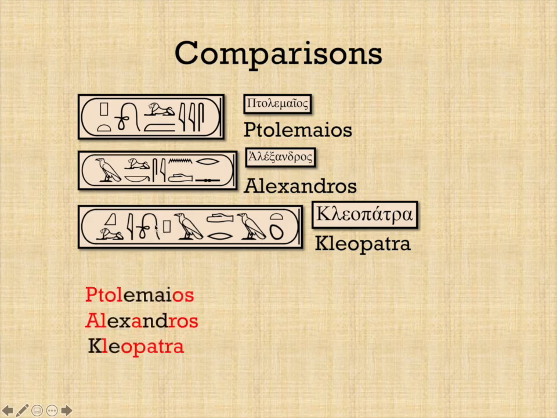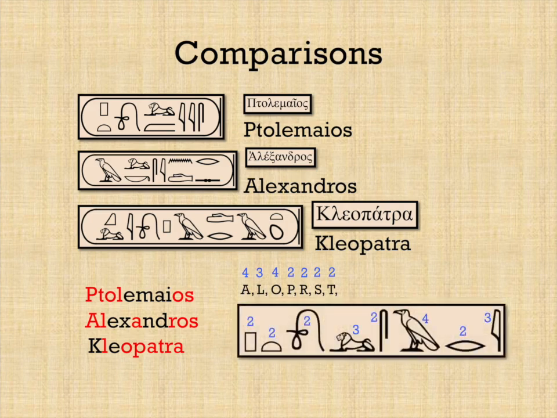So the similarities between the two names were highlighted, and then a very careful counting of how many symbols were there were also added. And the number of sounds and the number of symbols don't exactly mesh up, but they're pretty close. And so they began working away at this.